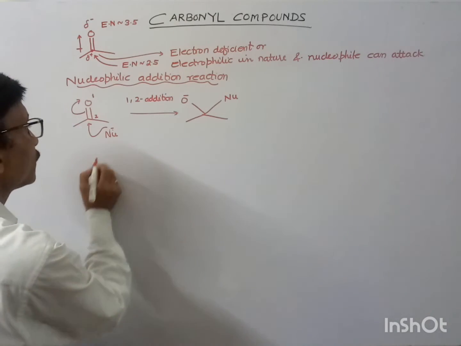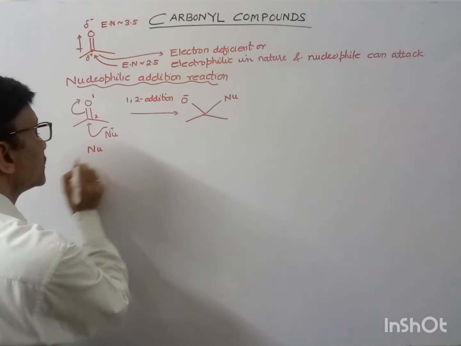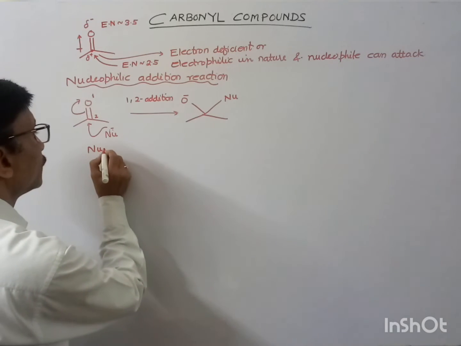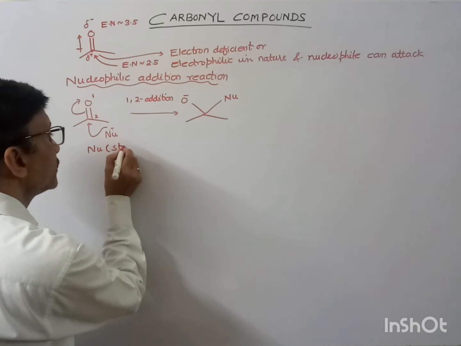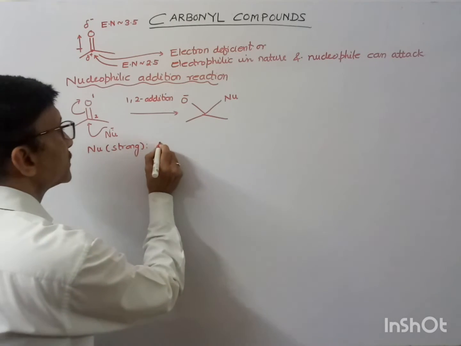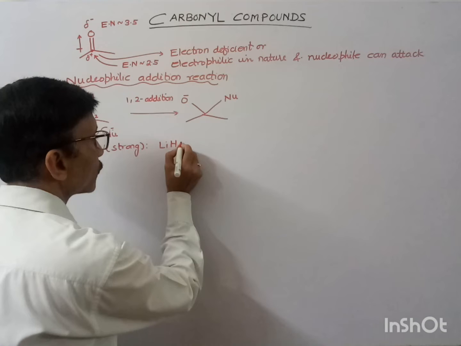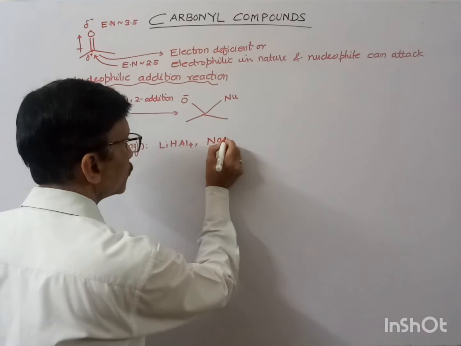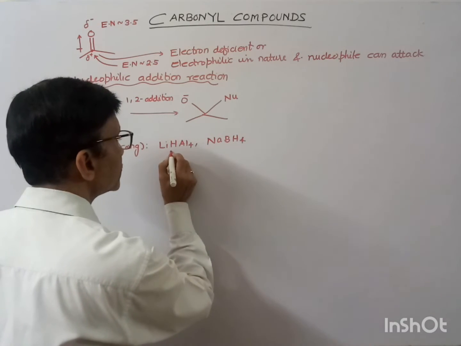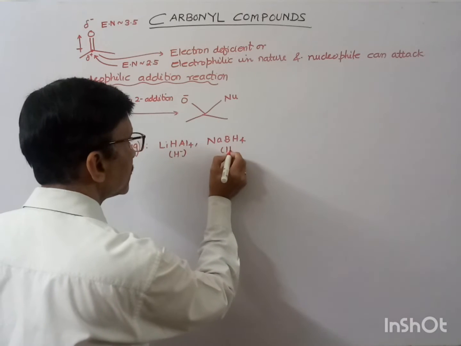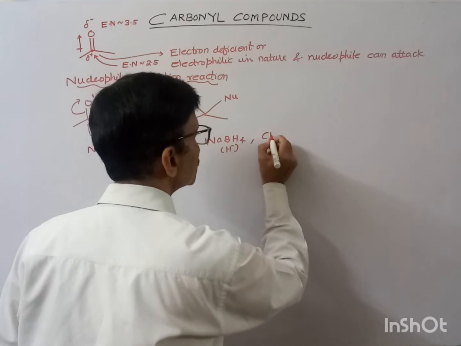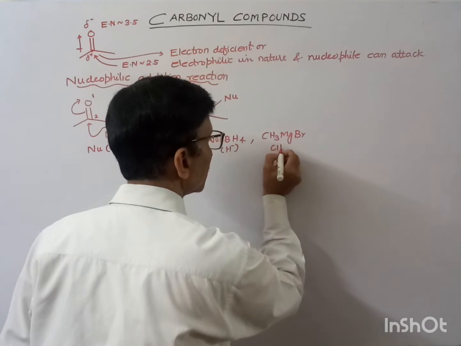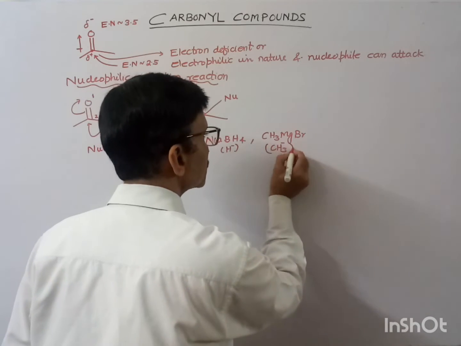Now suppose this nucleophile is quite strong in nature. For example, the hydride ion coming from lithium aluminum hydride or from sodium borohydride, and similarly a Grignard reagent giving a nucleophile such as CH3 minus.